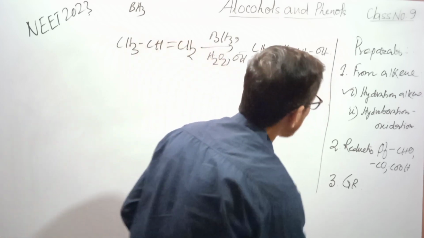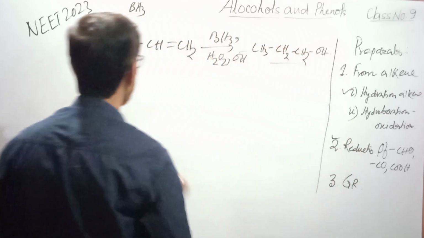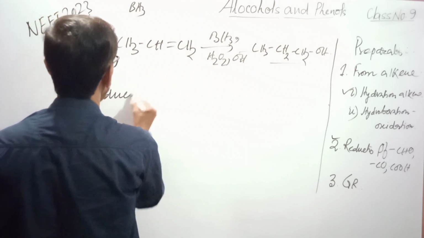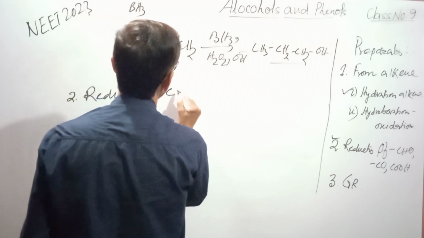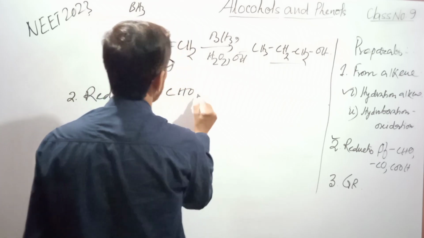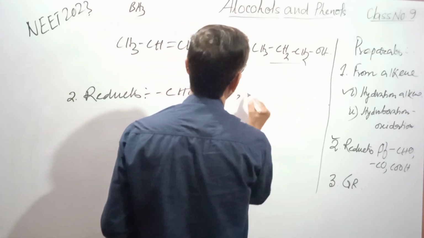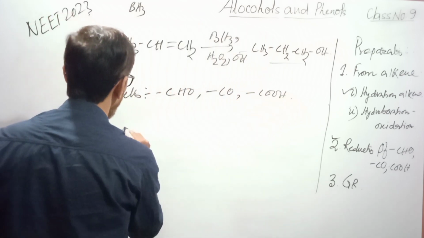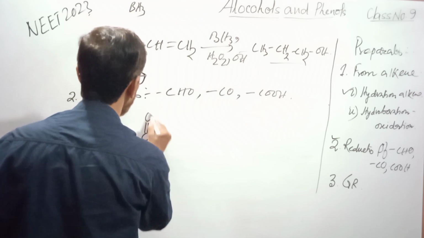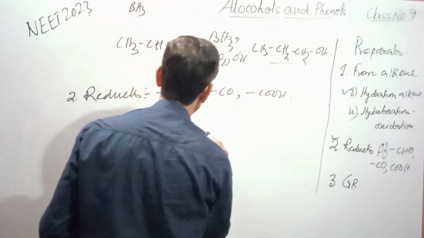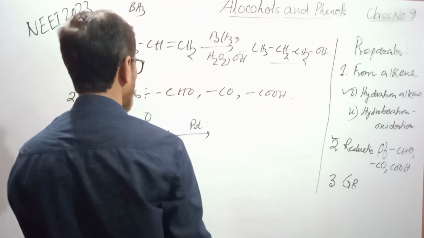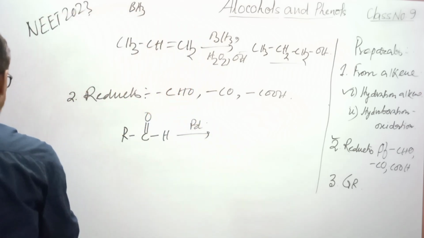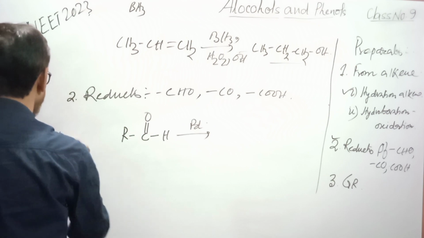So our next part is reduction. Reduction of the CO group, CHO, and reduction of C=O. Let's see what happens. R-C=O-H, you give palladium and add hydrogen. Reduction is nothing but addition of hydrogen.